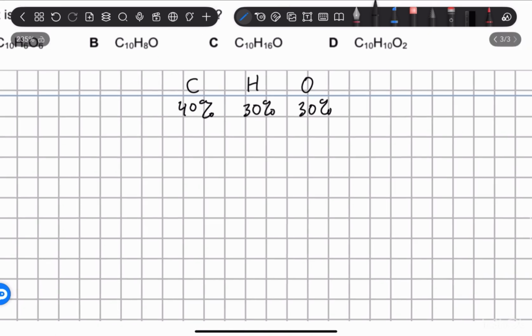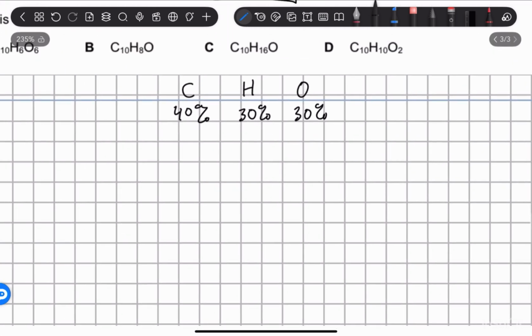Now, suppose we were given a question where we were told that there's a compound that contains only carbon, hydrogen, and oxygen, and they gave us the percentages of mass occupied by those elements in that compound, and we were told to find the empirical formula.